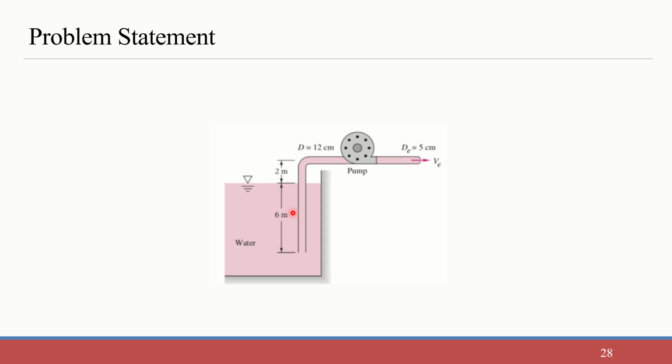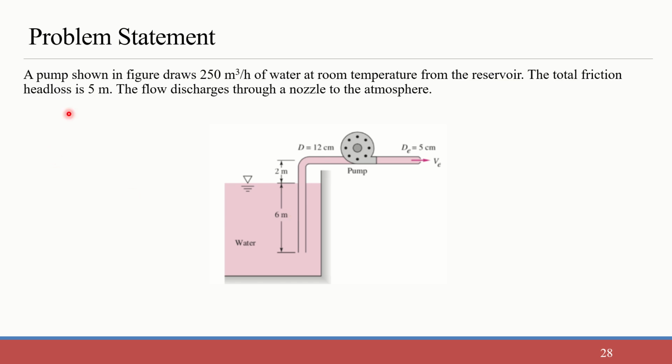Now we will see what is asked in the question. A pump shown in the figure draws 250 meter cube per hour of water at room temperature from the reservoir. The total friction head loss is 5 meter. Flow discharges through a nozzle to the atmosphere.